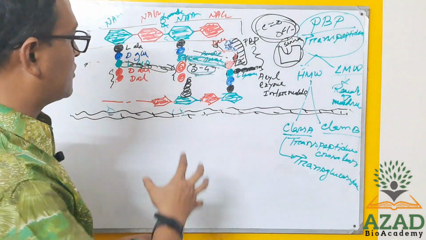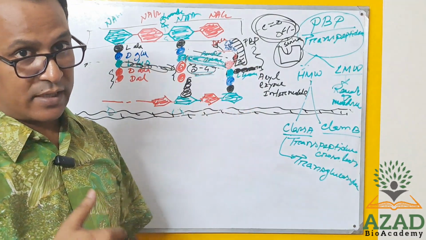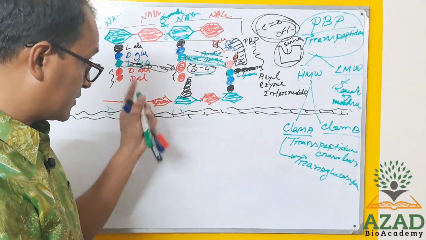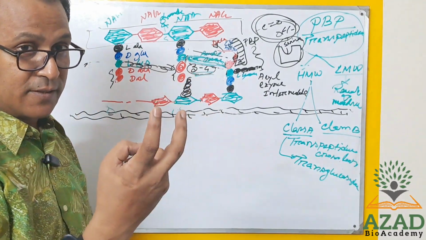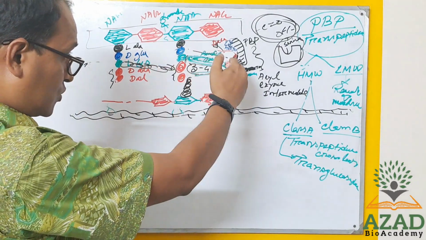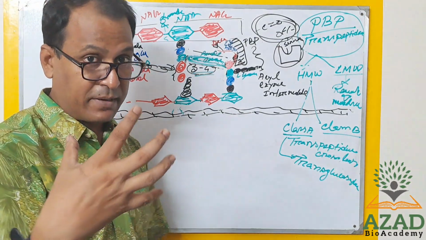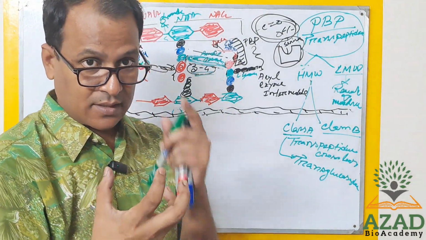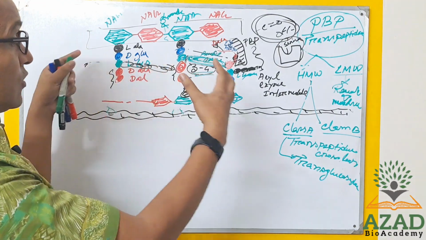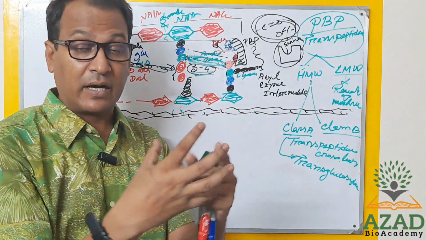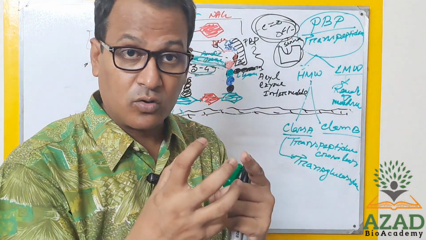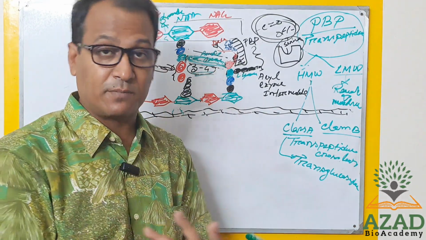So there are two types of cross-linking, and I am trying to focus on these two. One is 3 to 4 cross-linking by pentaglycine, and the other is 3 to 4 direct cross-linking by covalent bond, basically an amide bond, you can say peptide bond.